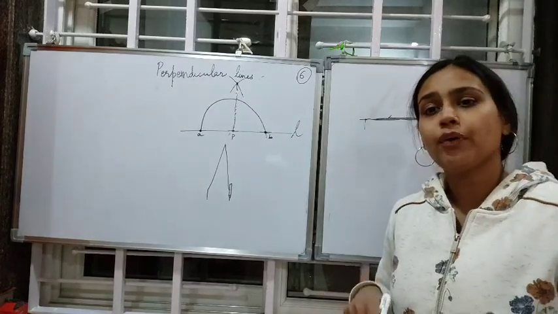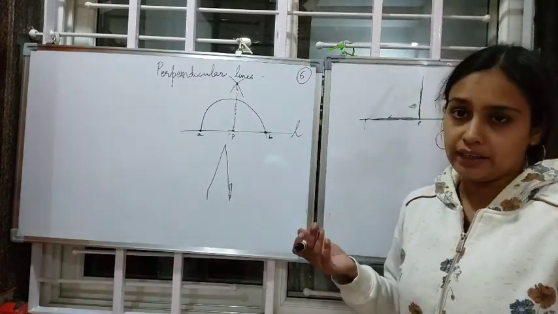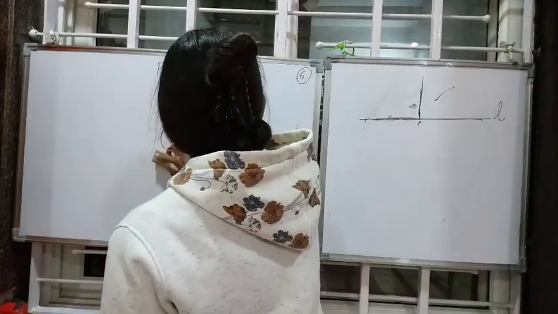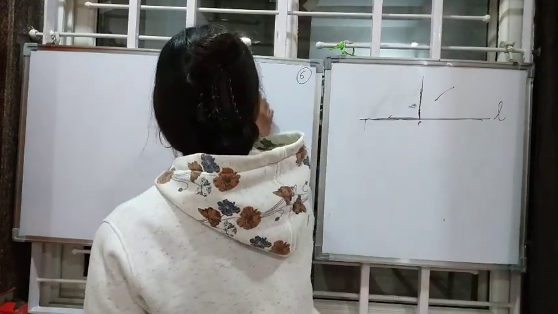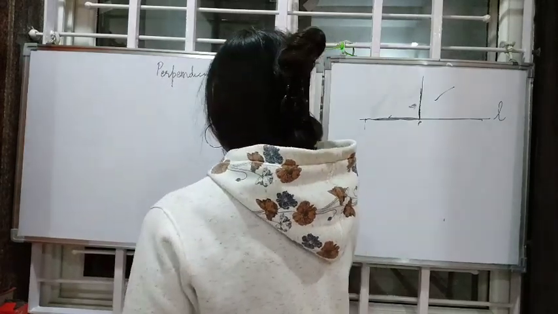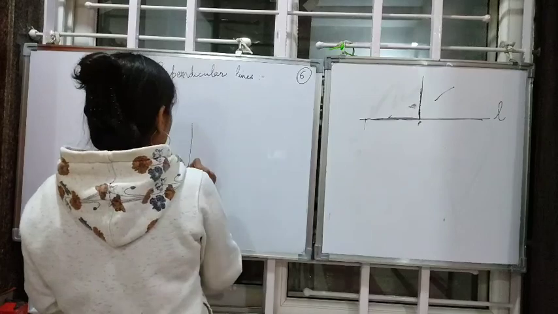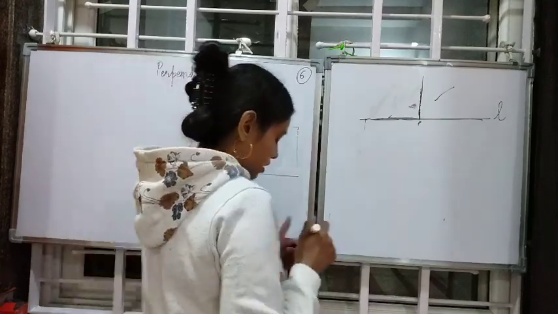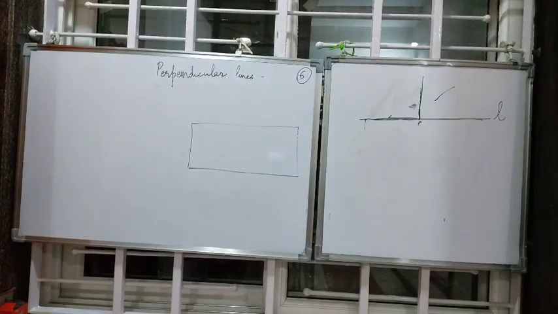Now suppose the point is not on the line L. I am talking about the paper folding method. Suppose this is your paper.